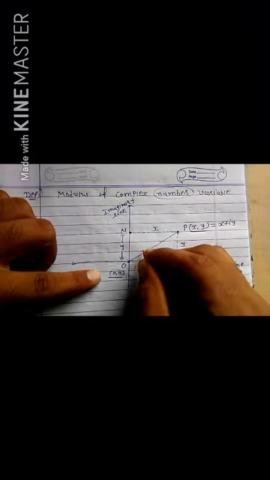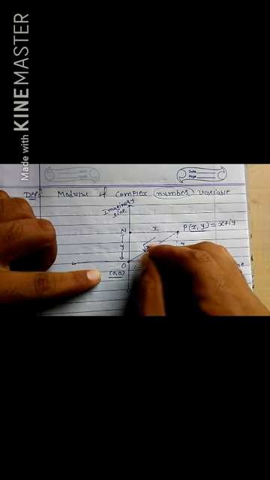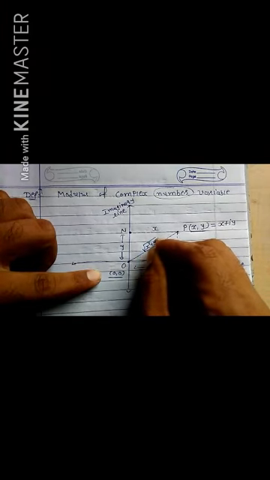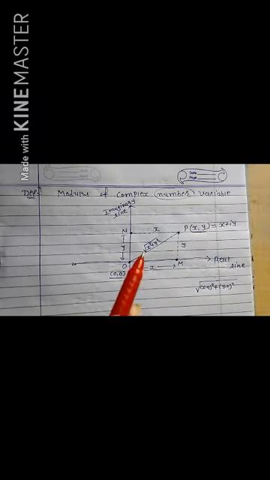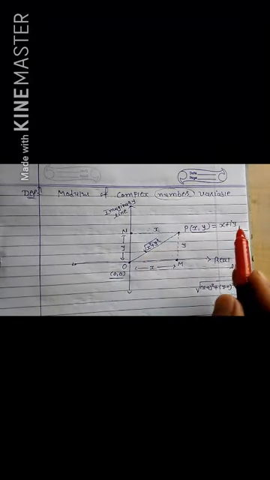This distance is the square root of x square plus y square. This distance is called the modulus of x plus iy.